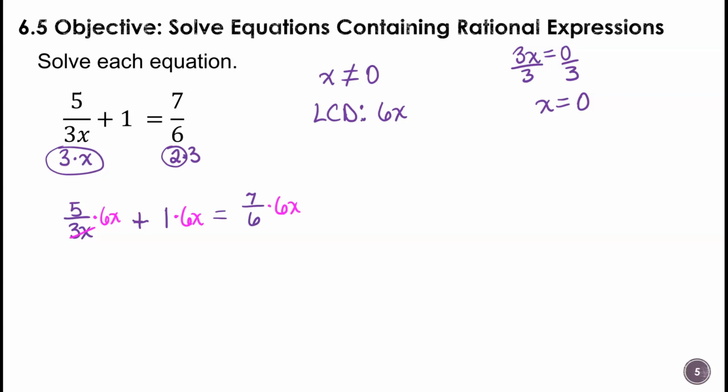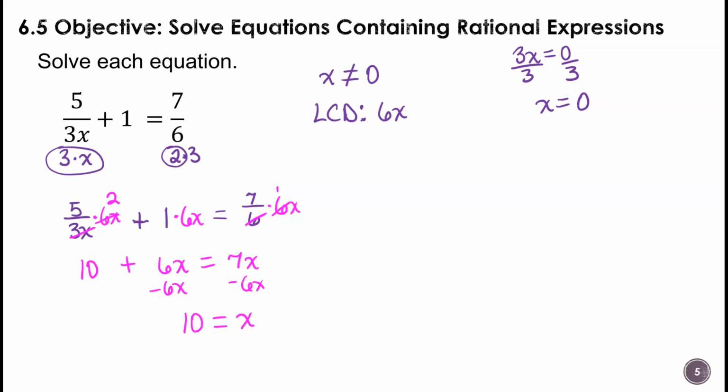So you see 3x goes into 6x 2 times, so that will be 10. 1 times 6x is 6x. 6 goes into 6x 1 time, and that leaves us with an x, right? And so 7 times x would be 7x. And this is also a linear equation because my variables only have a power of 1. So we subtract 6x from both sides to solve.